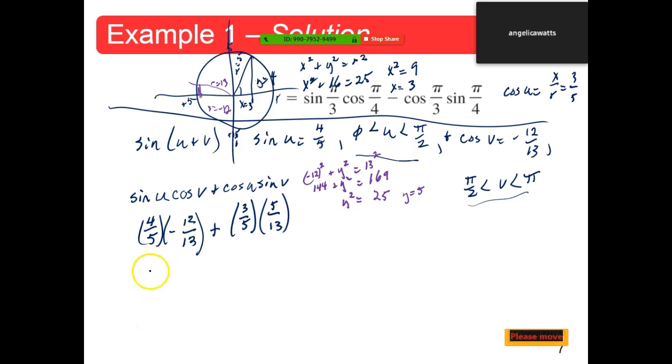So, positive times negative is negative, and the numerator is going to be 48, right? And the denominator is going to be 65.